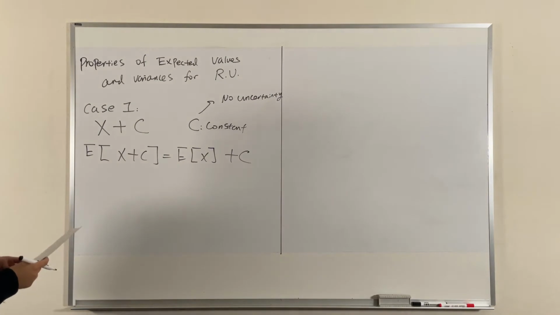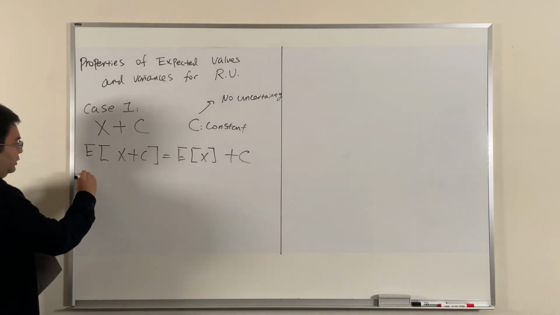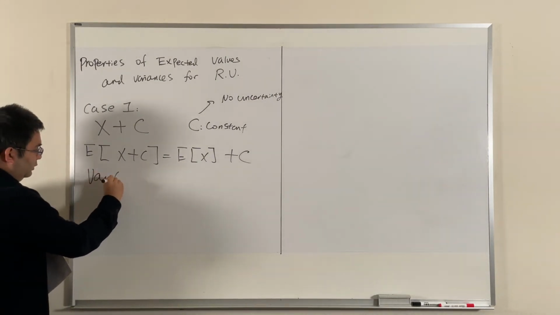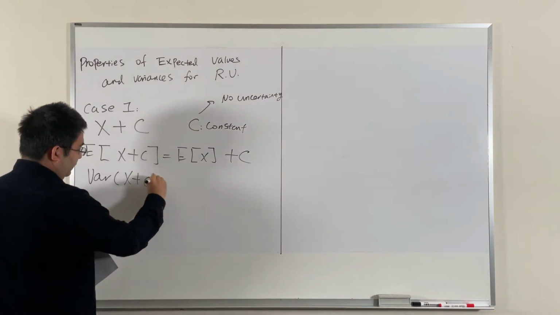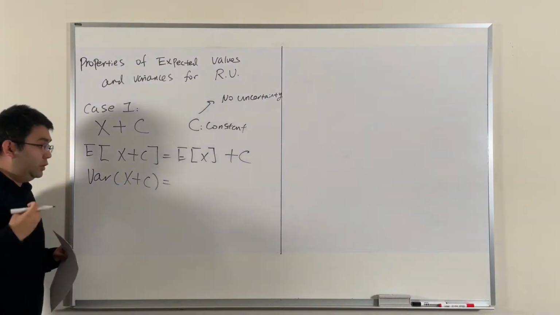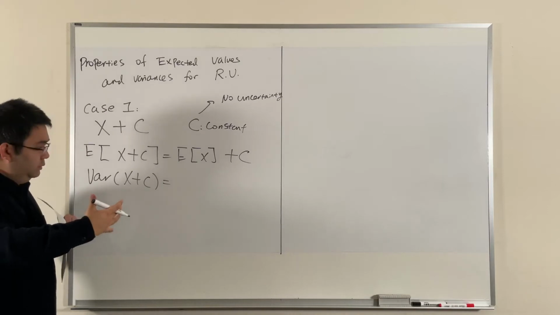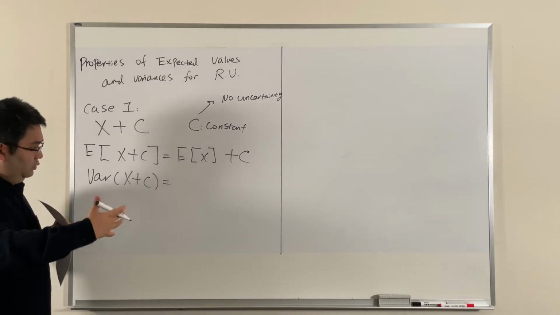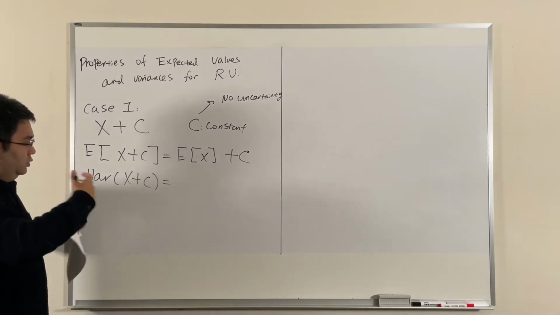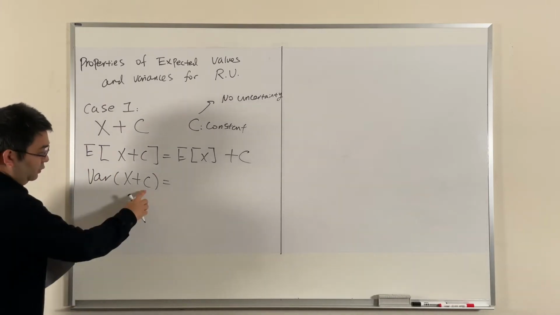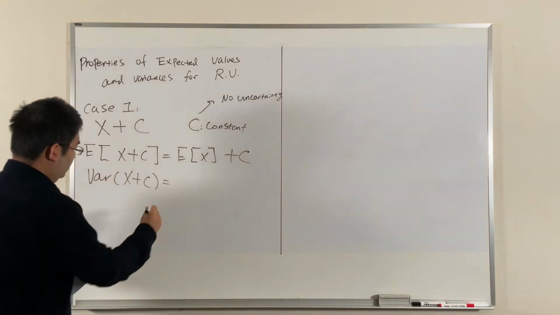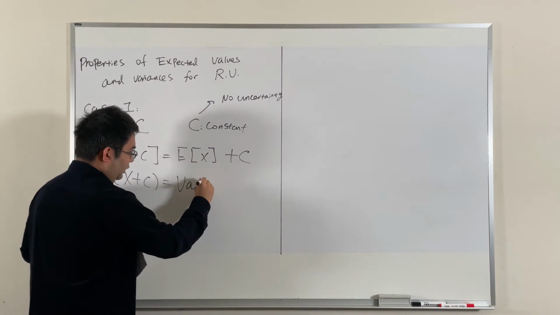Next, what's the variance of x plus c? Again, there's no distance between your constants, right? The constant is just one fixed value, so there's no variance for c. So this just equals the variance of x.